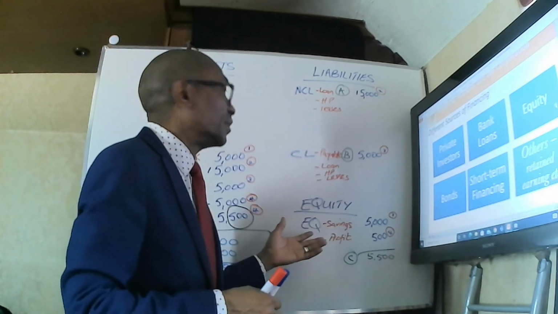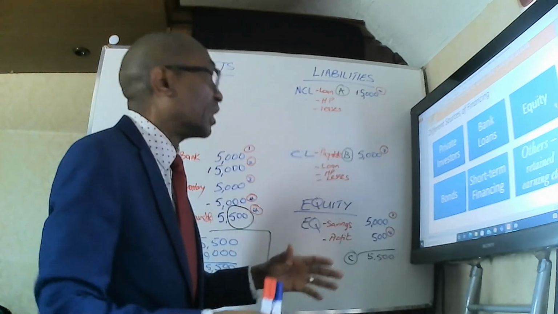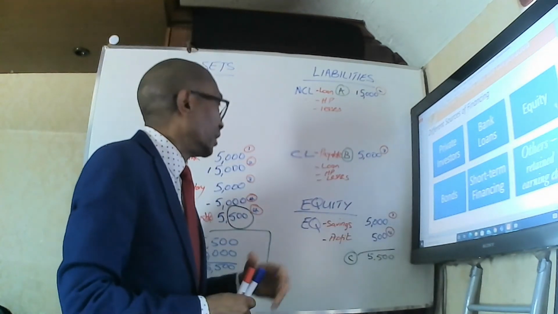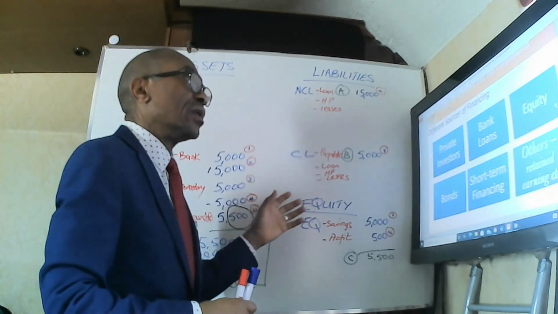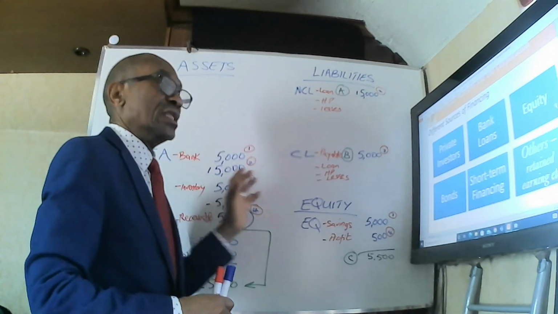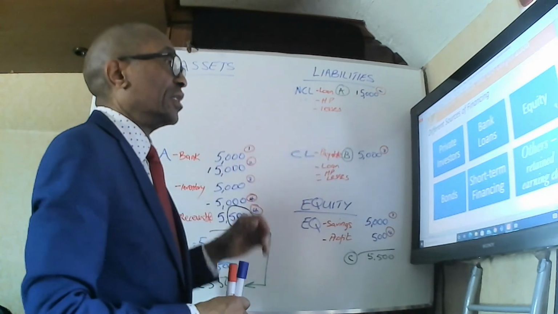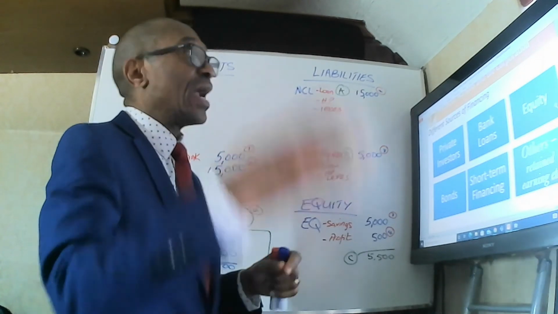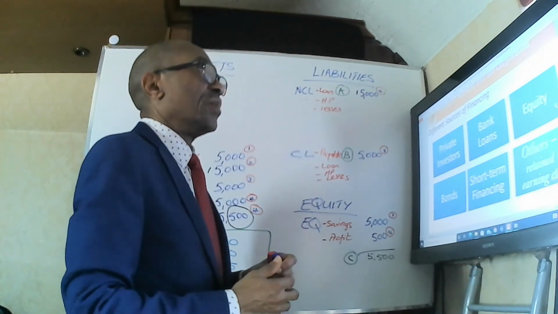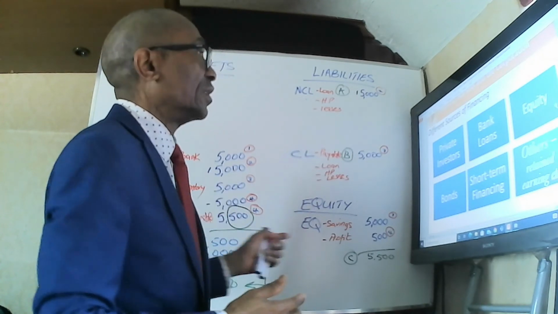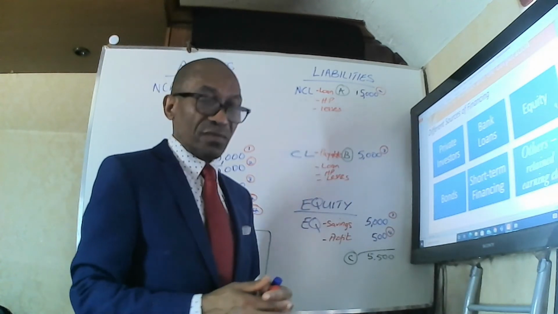For unlisted companies, you have to get it privately. Another source of fund, as I said again, among them could be your retained earnings. Retained earnings can be ploughed back into the organization. Things like grants from governments. So all those things, you have to look at different sources of finance.